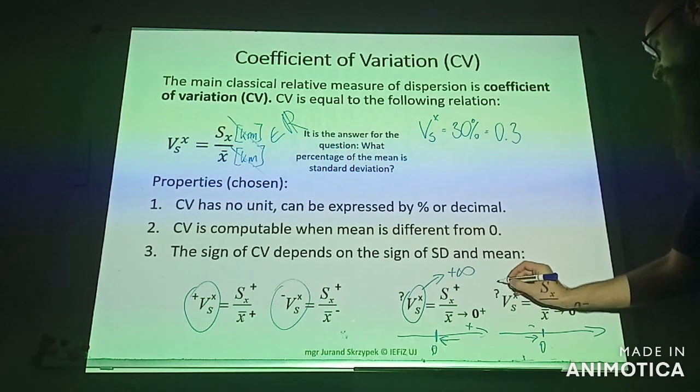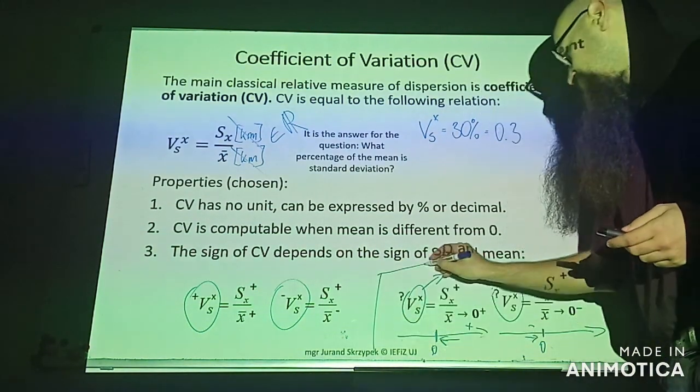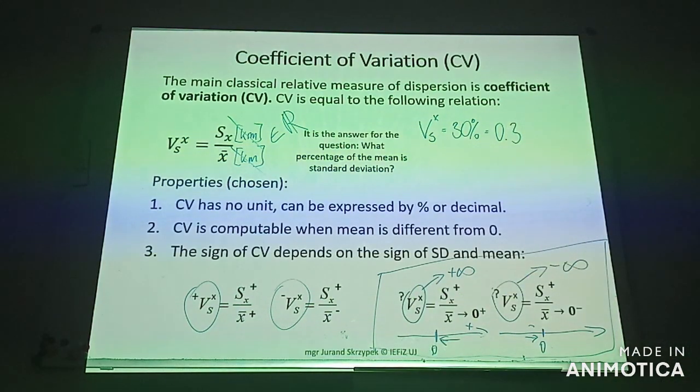So here our coefficient of variation is approaching minus infinity. Remember that if we meet that situation, we shouldn't use this measure in the analysis of the dispersion in our data sets.